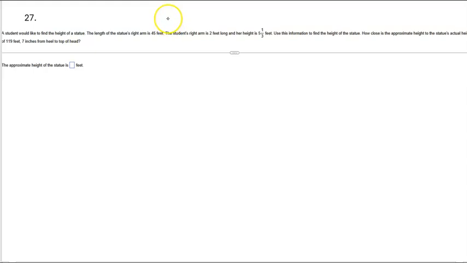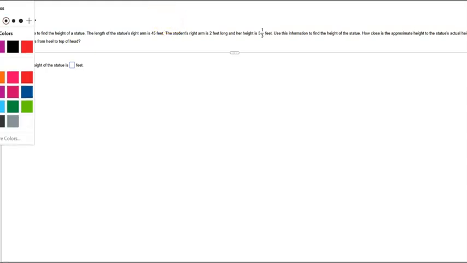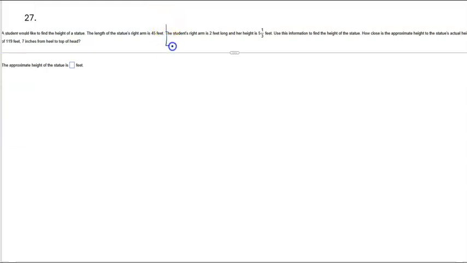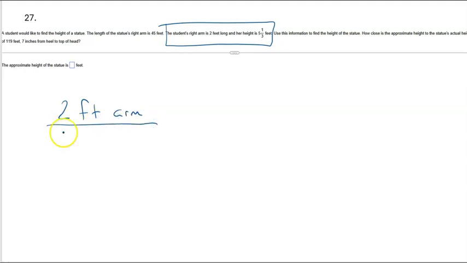So looks to me right here in the middle of the problem, we have a ratio. The student's arm is 2 feet long and her height is 5 1/3 feet. So 2 feet is the arm length over 5 1/3 feet is the height of the student.